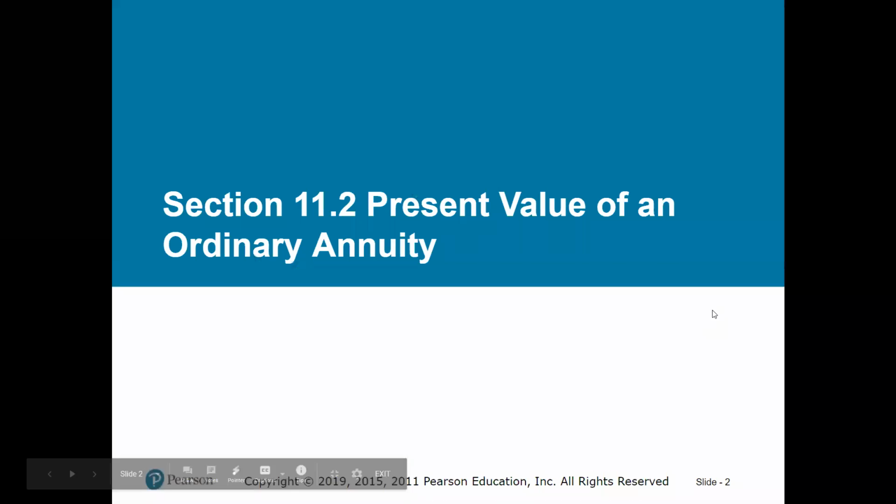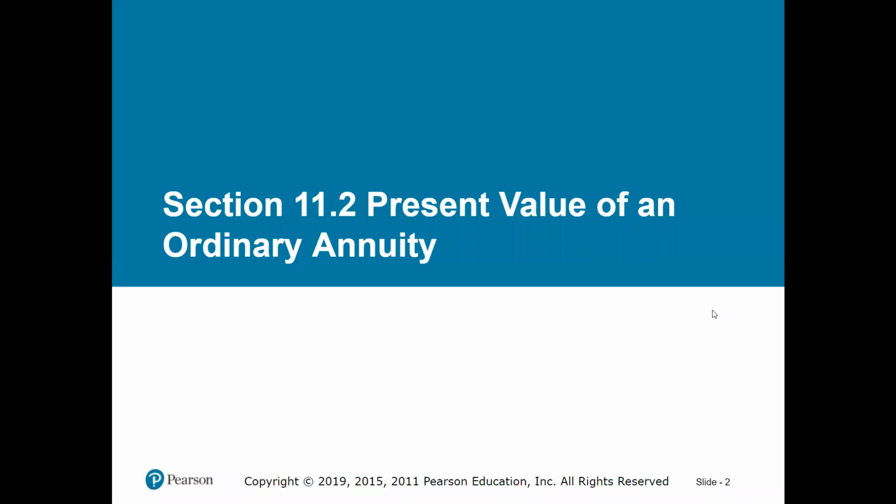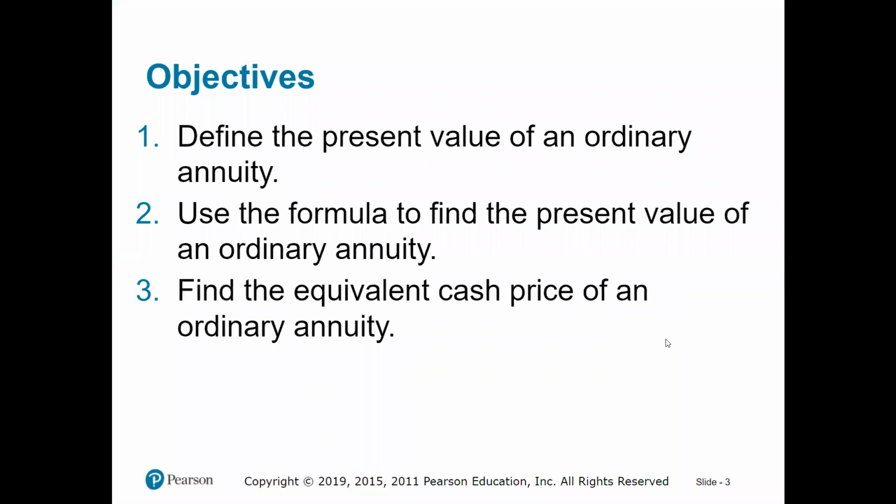Okay, we're going to continue with section 11.2, present value of an ordinary annuity. We're going to define the present value of an ordinary annuity, use the formula to find the present value of an ordinary annuity, and find the equivalent cash price of an ordinary annuity.